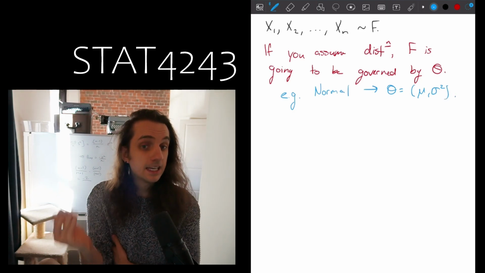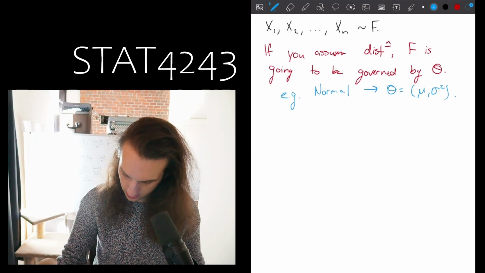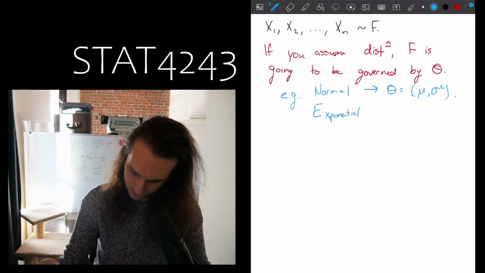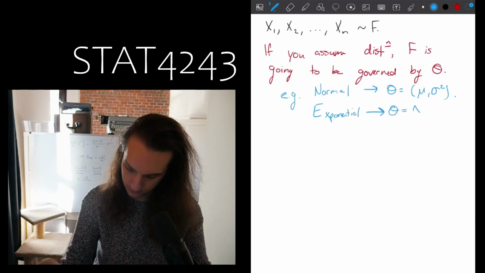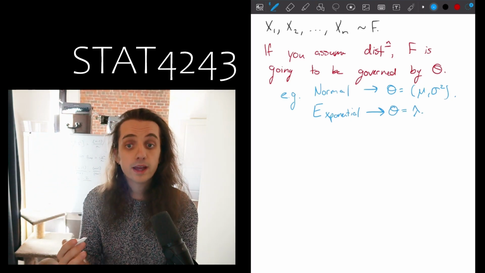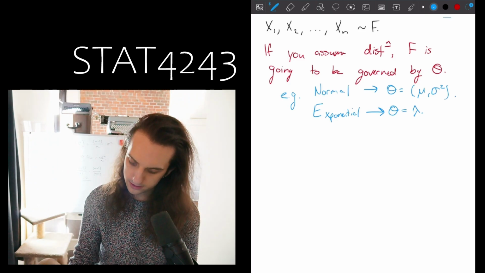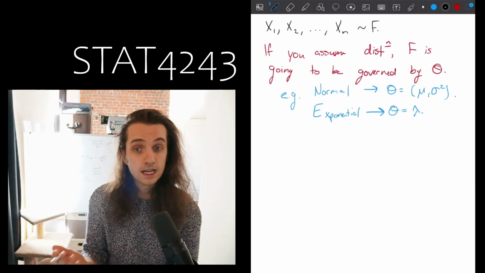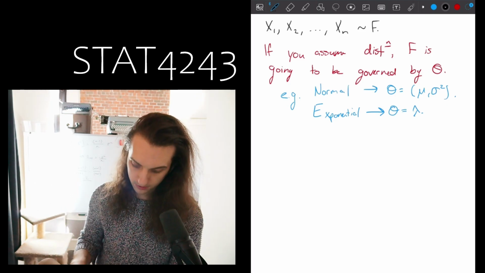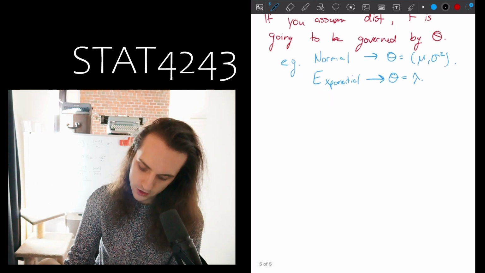And the idea is that in this case, once you know the mean and the variance, then you know everything about that distribution, right? Similarly, if you were to take it to be the exponential, then theta is just going to equal the rate parameter, which is lambda, right? And so again, in these cases, all we have to do is estimate the parameters, and then we know the distribution. But if you're not going to assume some particular distribution here, then there's not going to be a single parameter that indexes this function that we care about, right? And so instead of trying to estimate the parameters, what we want to do is estimate the function itself.